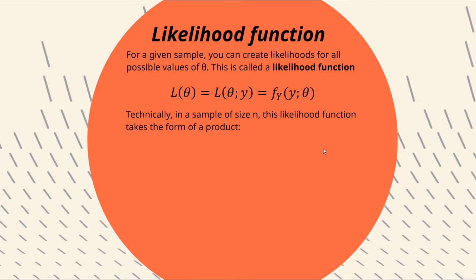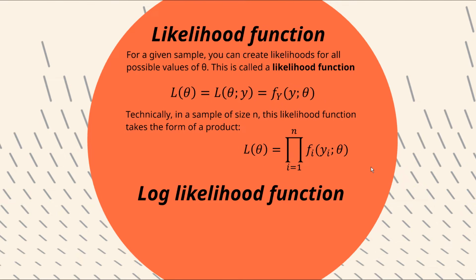In a sample of size n, the likelihood function takes the form of a product, which might not be so clear as to how this works when we're using a binomial distribution. But if you think about the formula for the binomial PDF, it's actually a product of individual binary outcomes. But hold that thought, because we're going to have a look at how it works on the next slide. And even further along, we'll see how this formula really comes into its own for continuous functions.